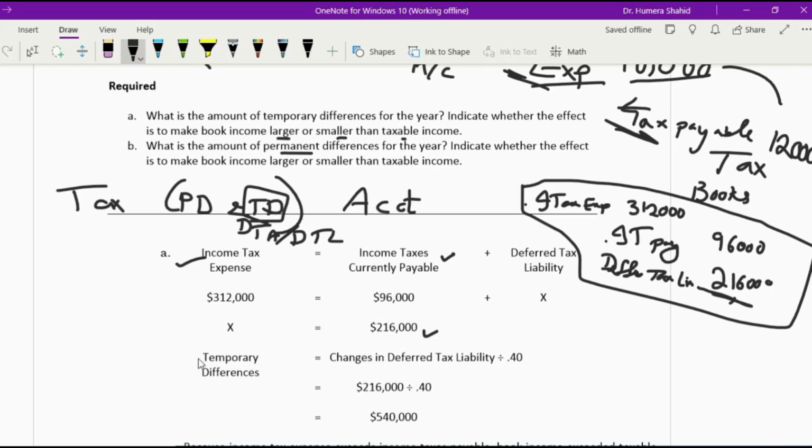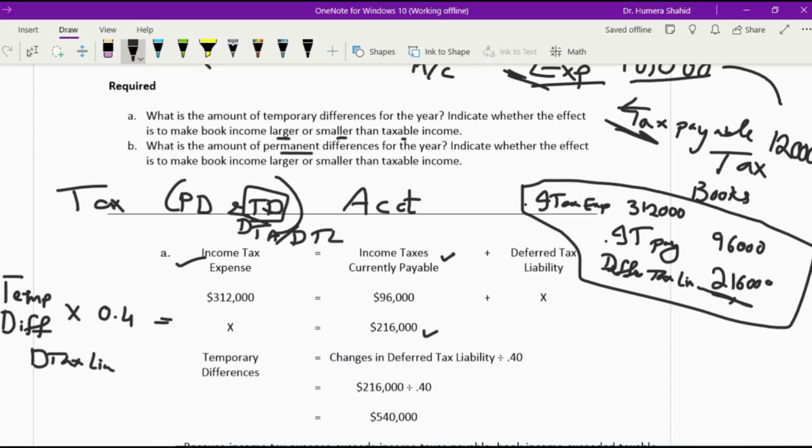This is the formula, right? Deferred tax liability is always because of the temporary difference. So temporary difference multiplied by tax rate gives deferred tax liability.